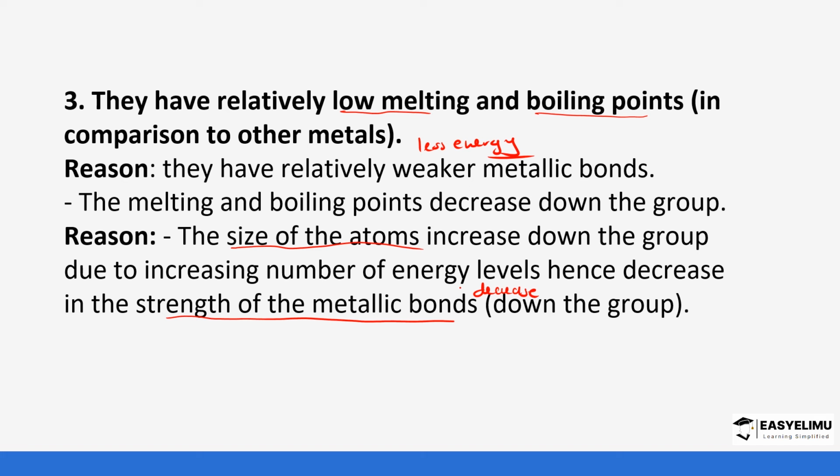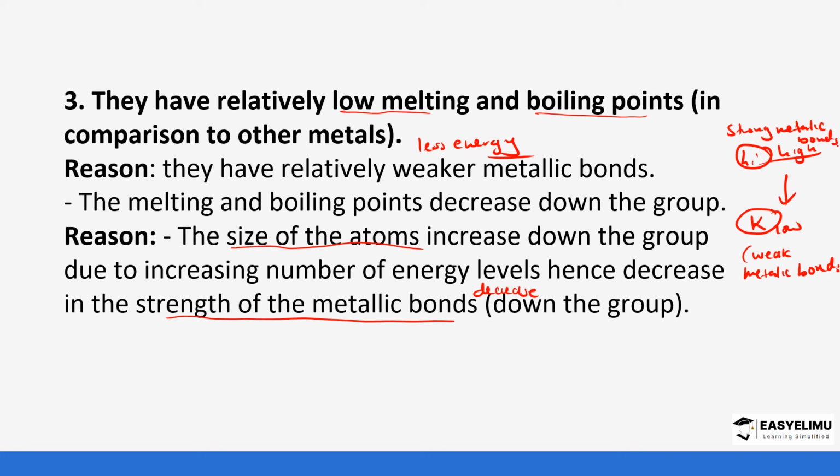That's the reason why when you compare the melting point of lithium and the melting point of potassium, you notice the melting point of potassium is very low and the melting point of lithium is very high. This is because potassium has very weak metallic bonds, while lithium has very strong metallic bonds.